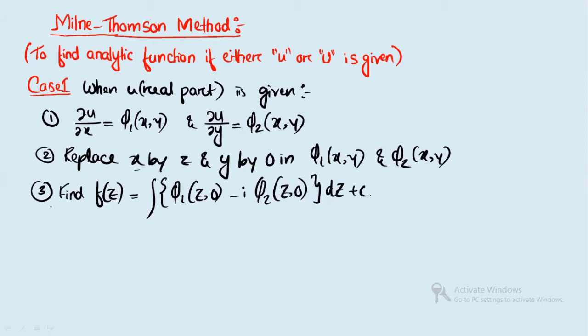So this is how you can find the function f of z. Remember here the sign is minus. This is phi 1, this is phi 2: phi 1 minus i phi 2, dz plus c. And you have to replace x by z and y by 0. So this is how you can find the analytic function when the real part is given.